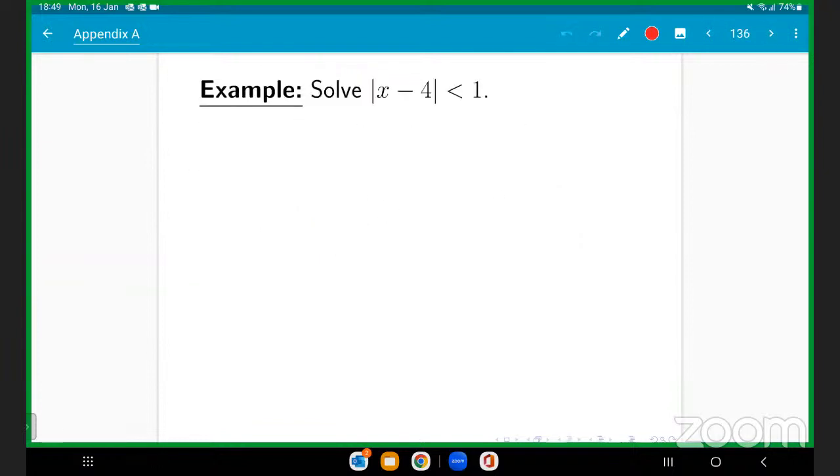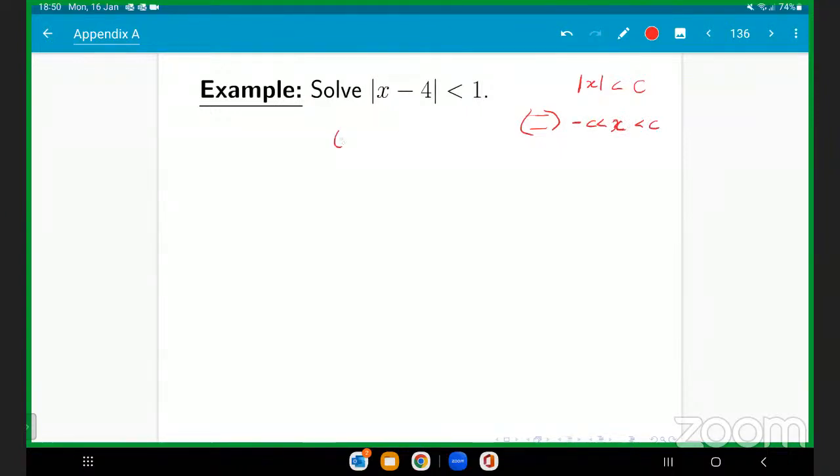Here we have an inequality: absolute value of x minus 4 is less than 1. Remember the property: if something inside the absolute value is less than a number c, then to drop the absolute value you need two inequalities: x less than c, and at the same time, bigger than negative c.